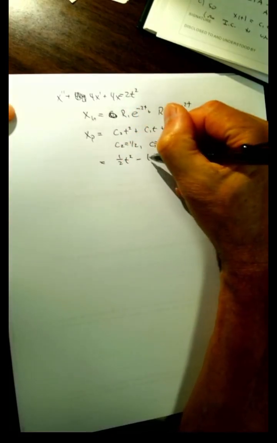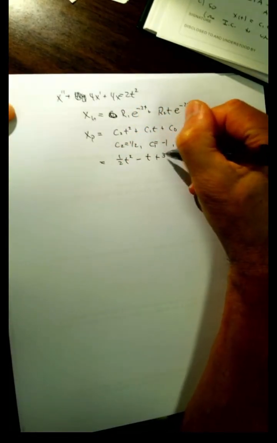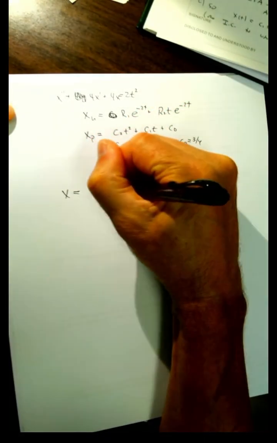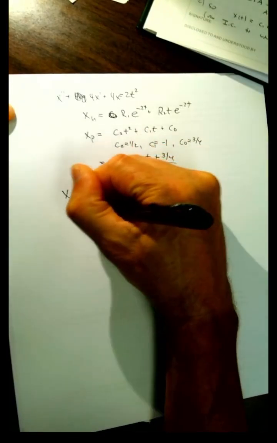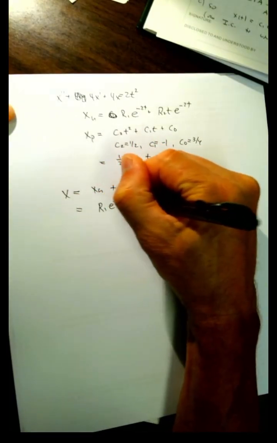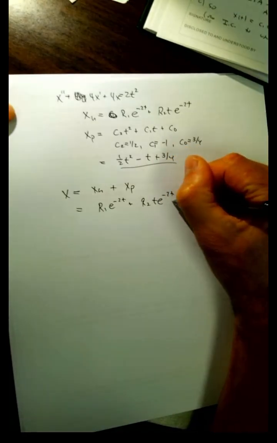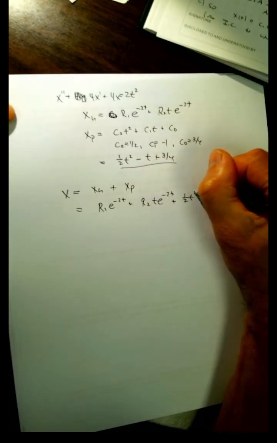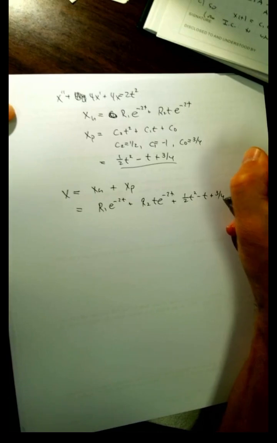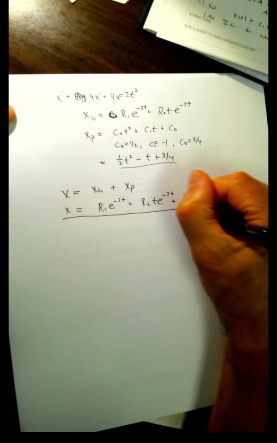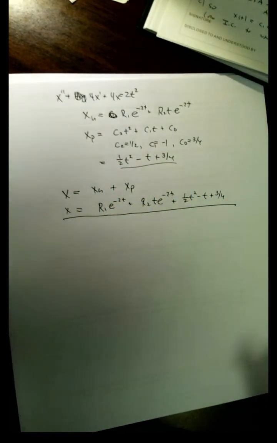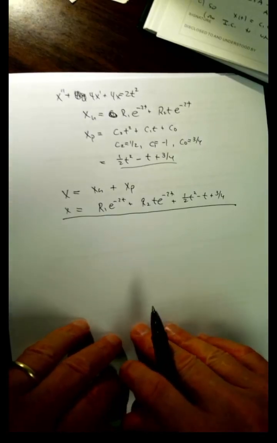So my particular solution is 1/2 t squared minus t plus 3/4, which means my solution is the homogeneous plus the particular solutions. So I'm going to have r1 e to the minus 2t plus r2 t e to the minus 2t plus 1/2 t squared minus t plus 3/4, which is my solution to my original differential equation.